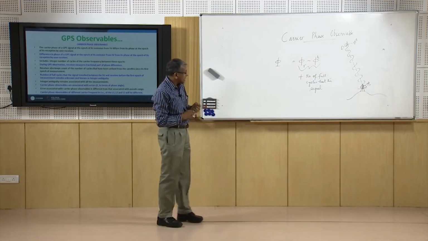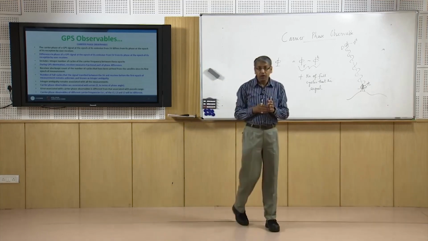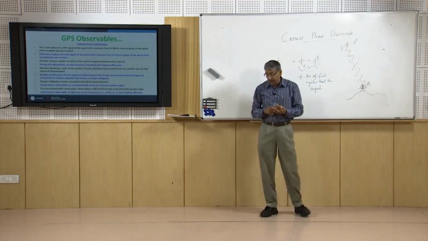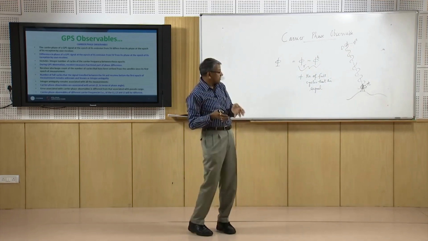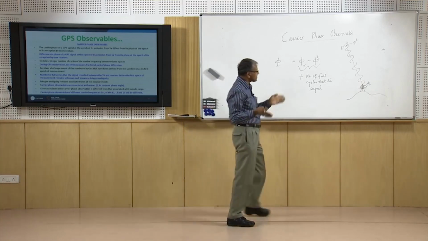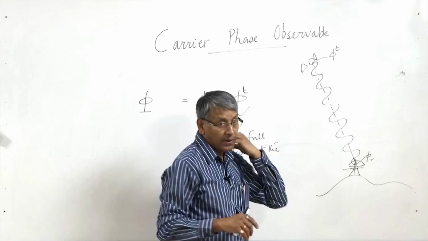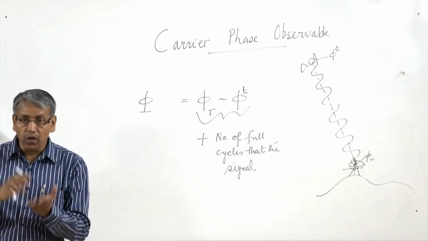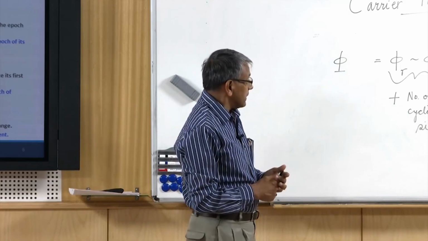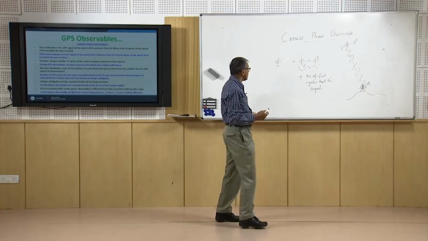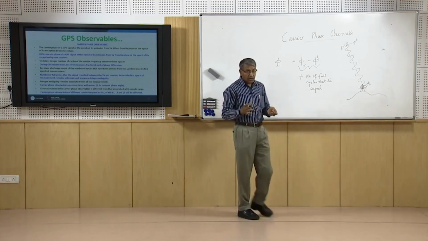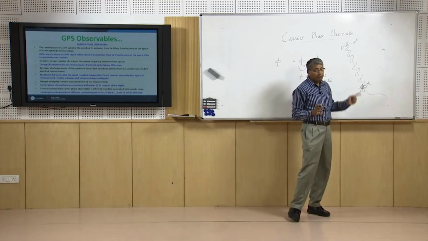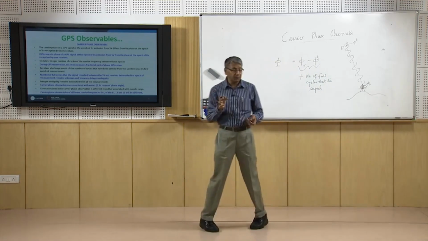Now for this, the GPS receiver actually measures the phase at the time of transmission as well as at the time of reception, as well as it keeps the count of the full number of cycles that it receives between two consecutive epochs. But the receiver will not be able to register the full number of cycles that the signal has travelled before the first epoch of observation.